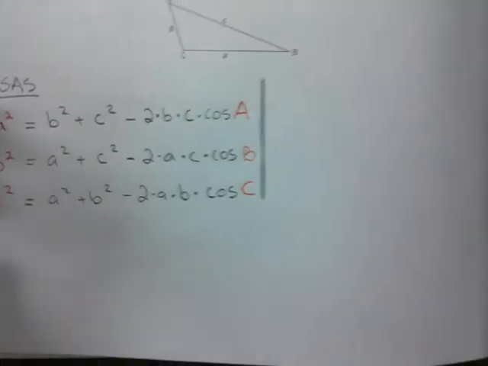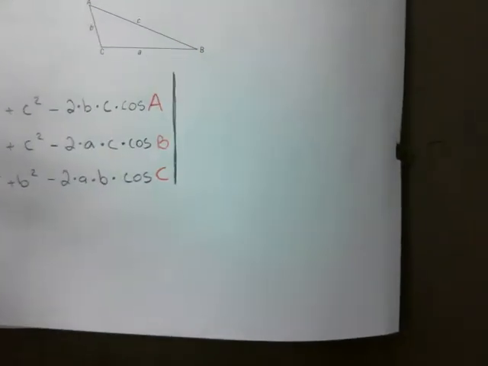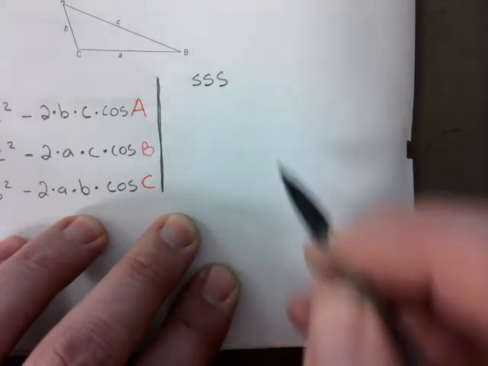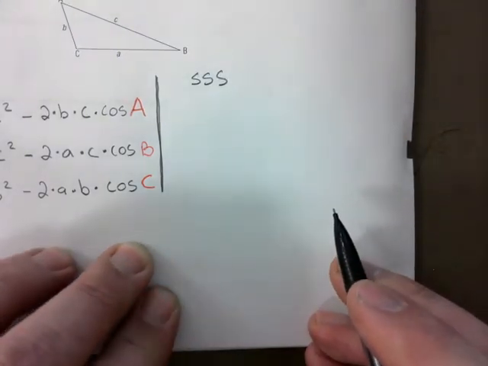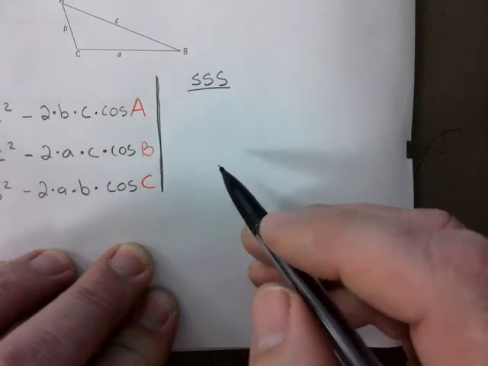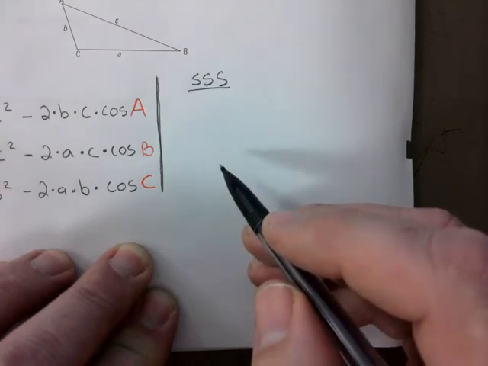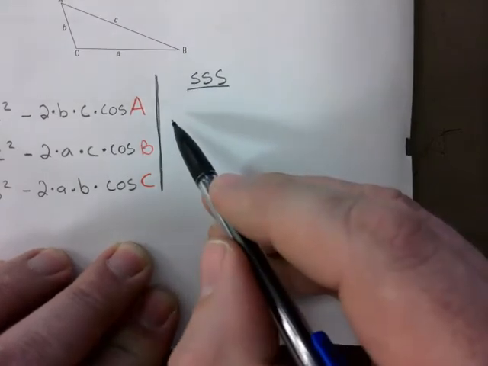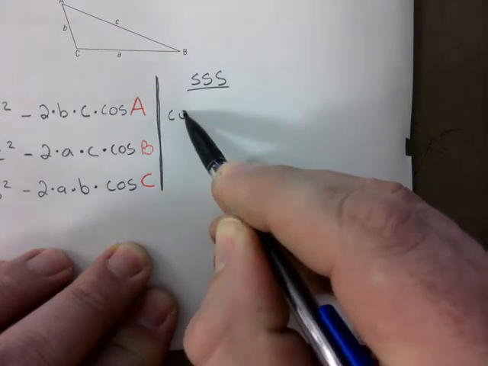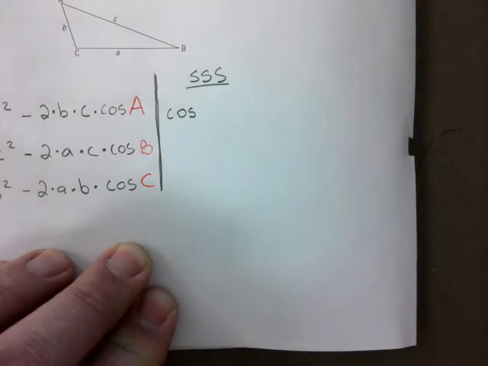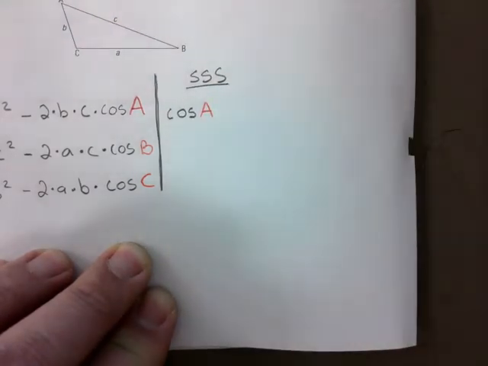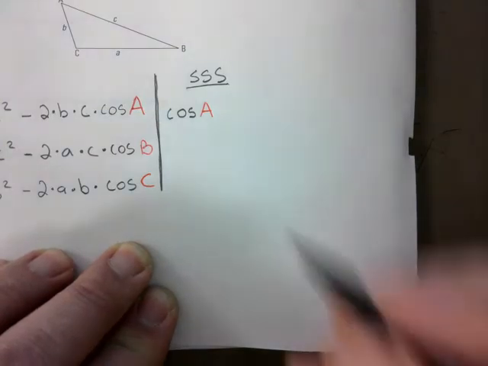On the other side, I'm going to do the second version of this, which is the side, side, side scenario. Okay, so this is how this one goes. If you're trying to find an angle, you need to start with cosine of that angle, using a different color again.